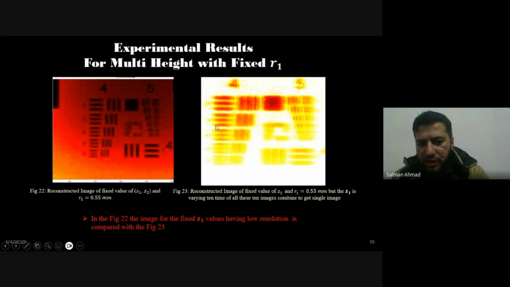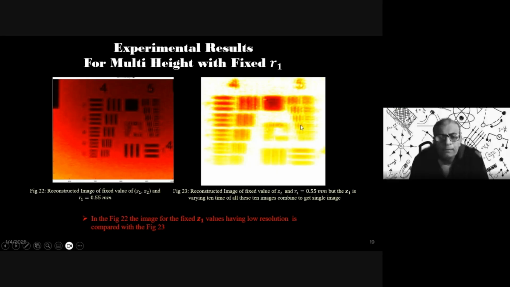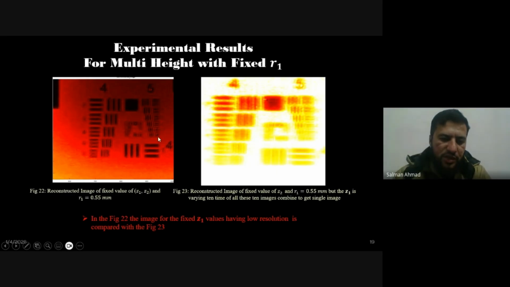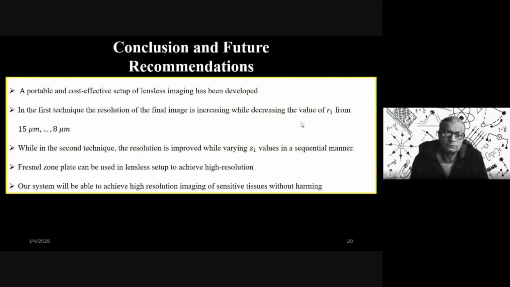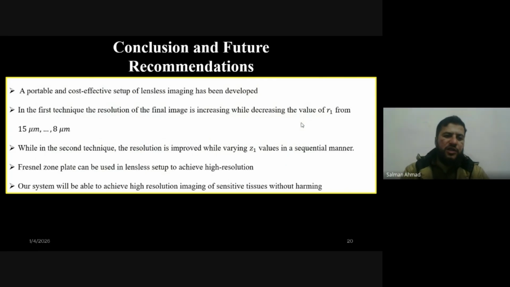But at the multi-height experiment we have a signal to noise ratio problem, while the twin image effect is more here, but a little less there. So that's what we did.